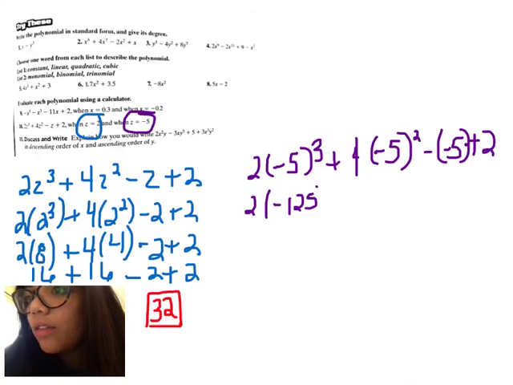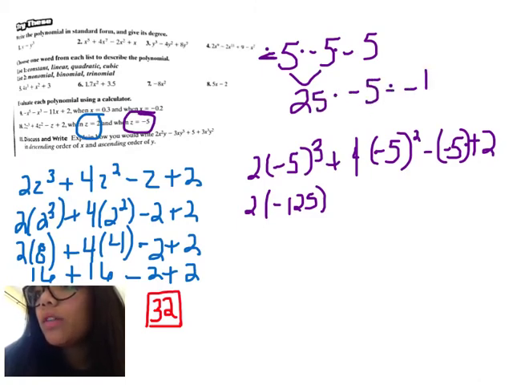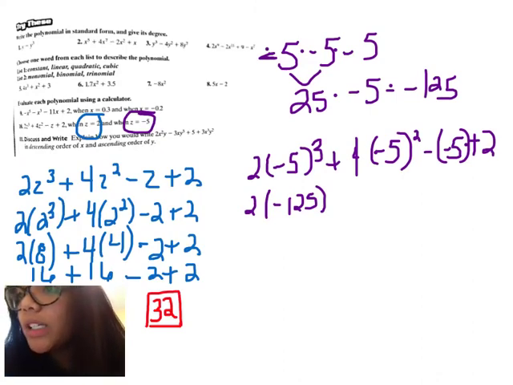That's negative 5 times negative 5 times negative 5. A negative times a negative is a positive 25, times negative 5 is negative 125. I just wanted to show you just in case you didn't believe me. Plus 4 times negative 5 squared is negative 5 times negative 5, which is a positive 25.